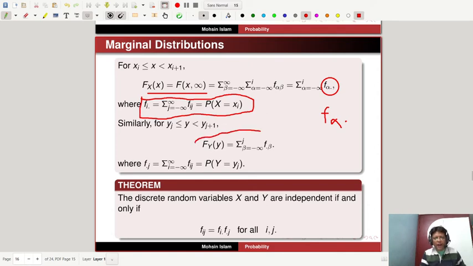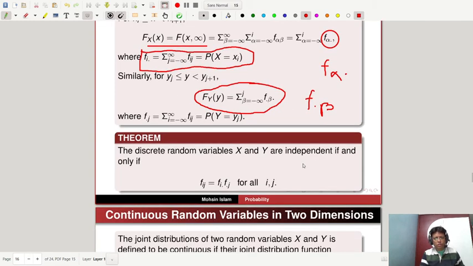Similarly, you can define the marginal distribution of FY(y). Here you find f dot beta, so instead of i, there is a dot. How will you define f dot j? It is defined in the last line. So that is how your marginal distributions are defined.